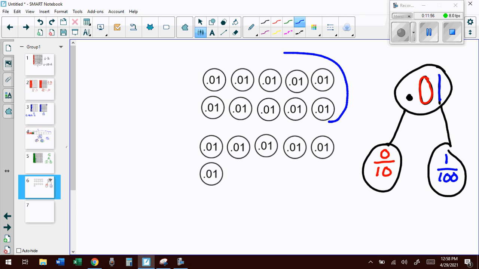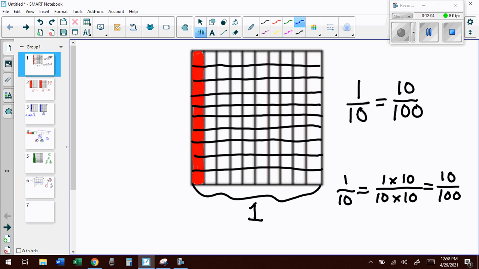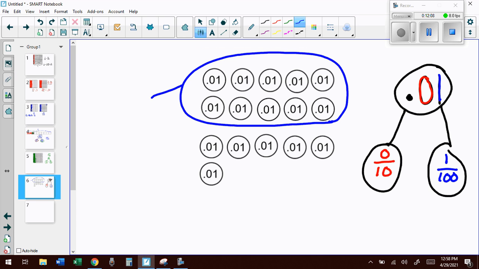So I have 10/100ths right there. 10/100ths we found out was equivalent to 1/10. 1/10 written as a decimal is 0 ones and 1/10.